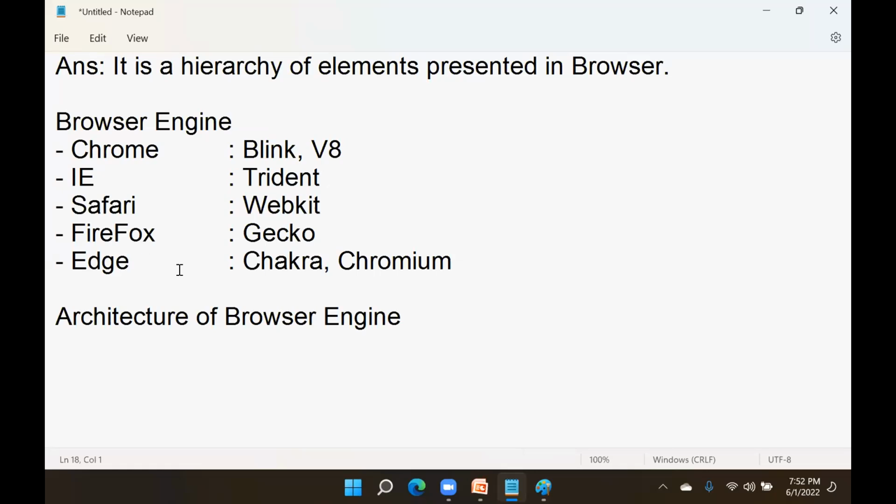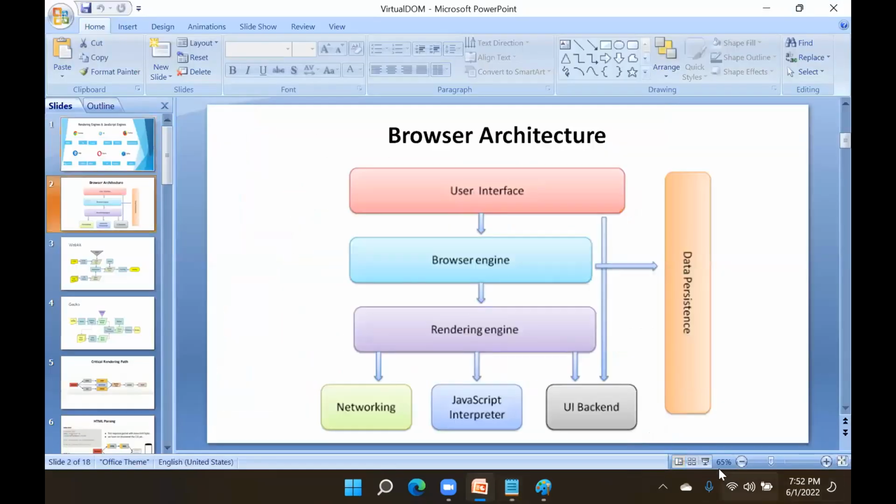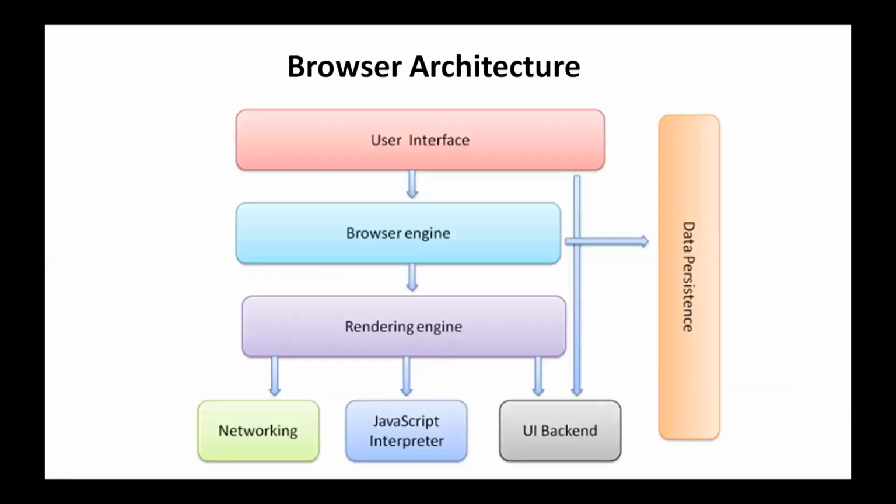So, this is the basic architecture of a browser engine. This is the browser architecture. In the browser architecture, you will have a browser engine, rendering engine, JavaScript interpreter, and data persistence. I will come to all of these level by level in different stages.